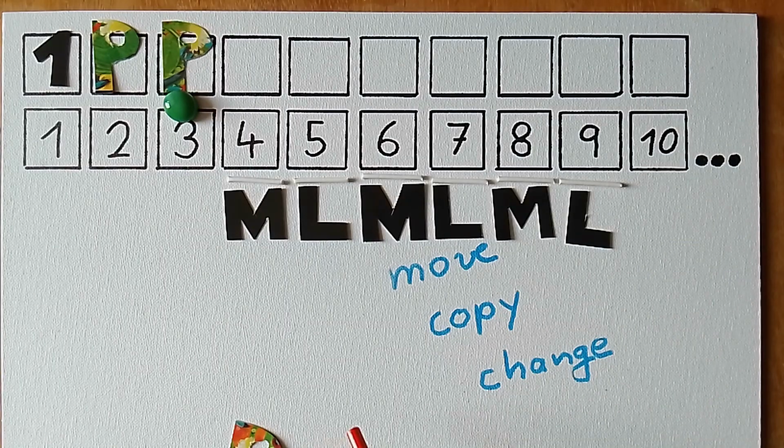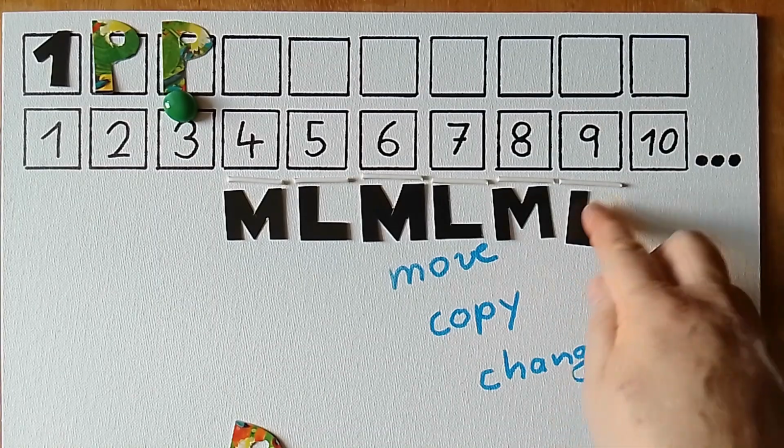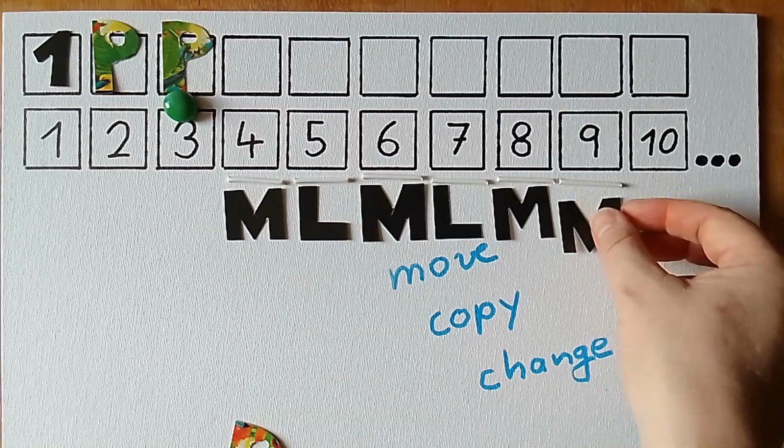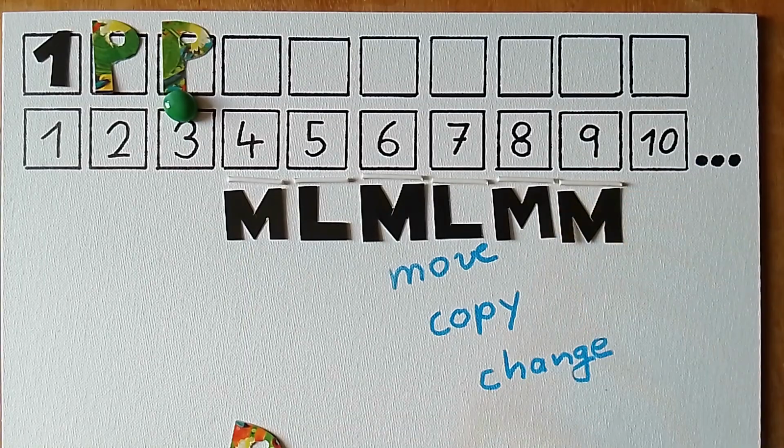Now, after move and copy, we've got the fractal process change. We count 1, 2, 3, 1, 2, 3. Oh, there's an L here. It has to change to M. Now we're done at this stage.